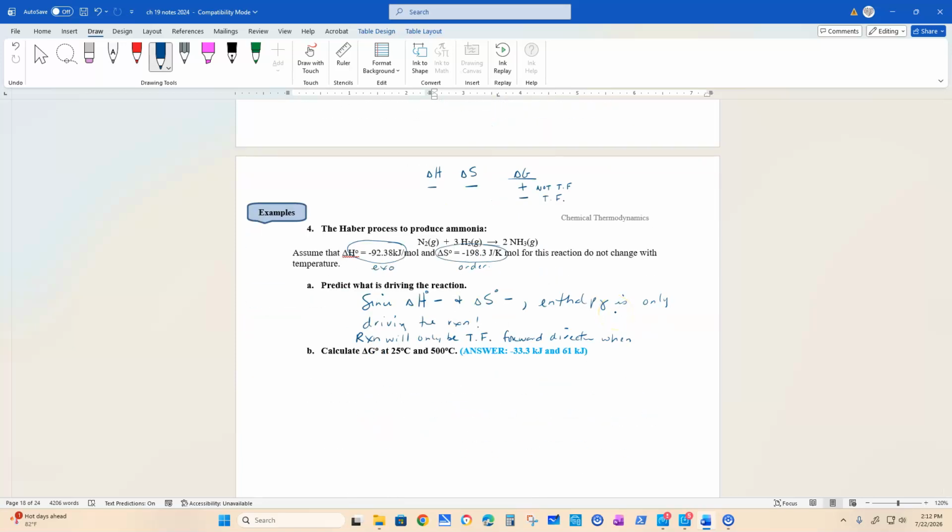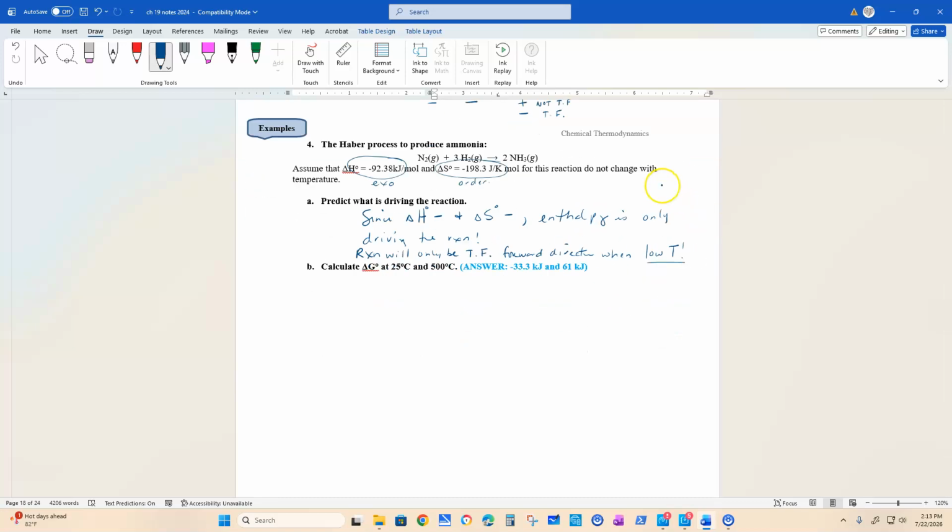So before we calculate, let's predict, okay? So now that we predicted what's driving the reaction, it will only be thermodynamically favored at the low. So let's calculate delta G at 25 degrees Celsius and at 500, okay?